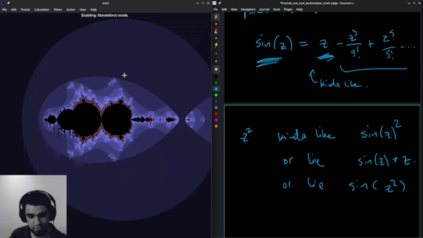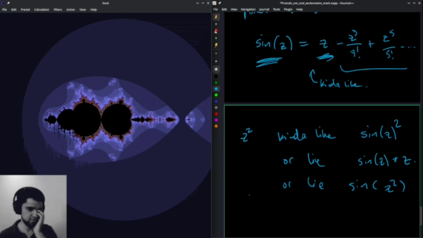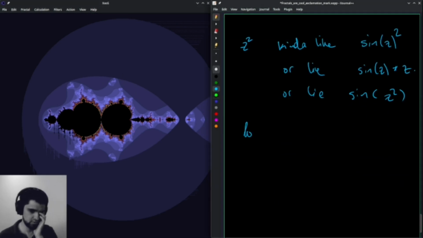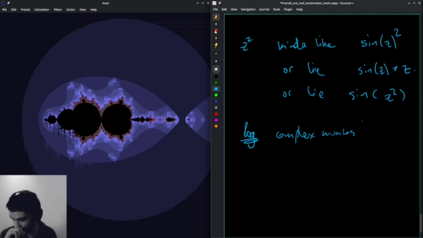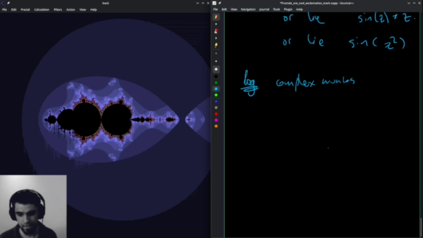Another thing we can do is use logarithms. So the key thing to understand about logs of complex numbers is that it's not exactly the most well-defined kind of thing, because there's several different values. It's a bit like the square root.